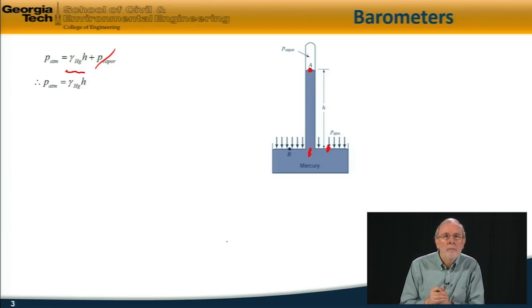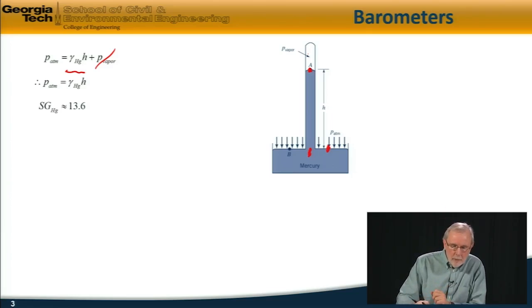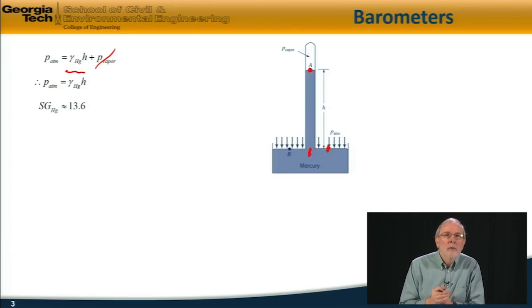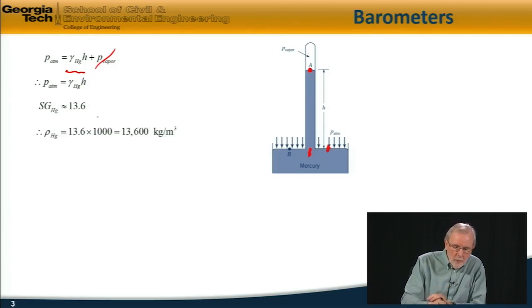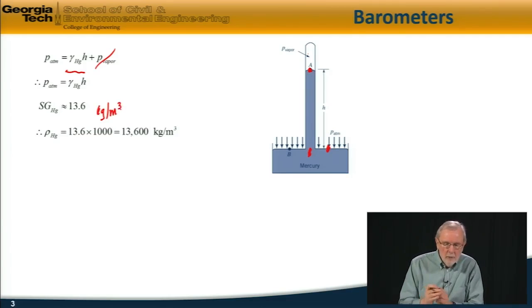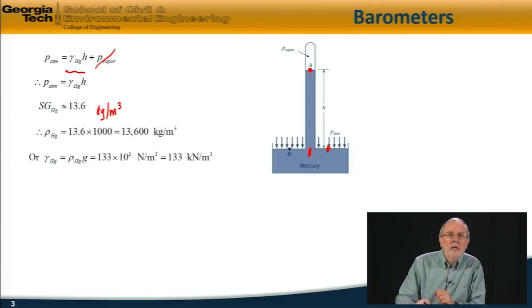the fluid column. To show what that would be for typical values, we recognize that the specific gravity of mercury is about 13.6. In other words, it's 13.6 times heavier than water. So the density of mercury is 13.6 times the density of water, which is about 1,000 kilograms per cubic meter, which is 13,600 kilograms per cubic meter.